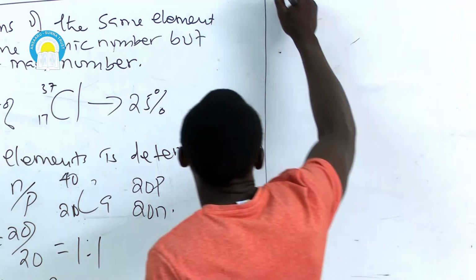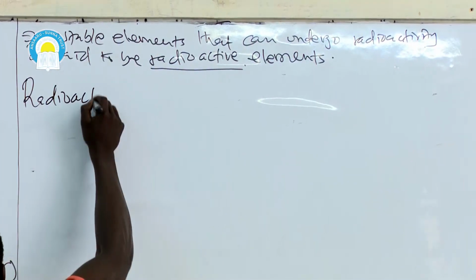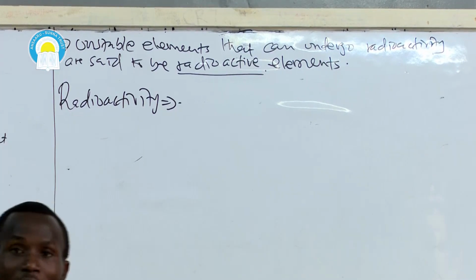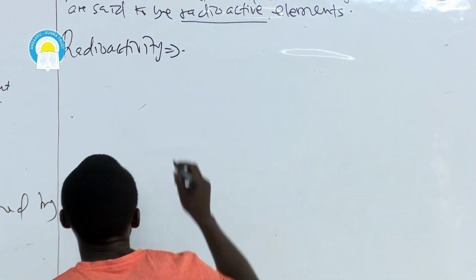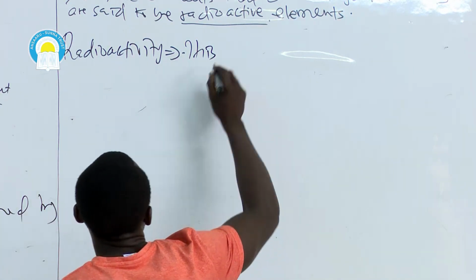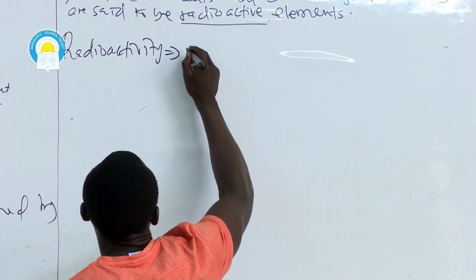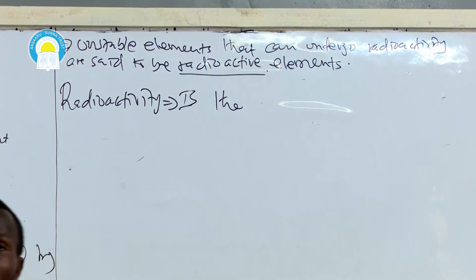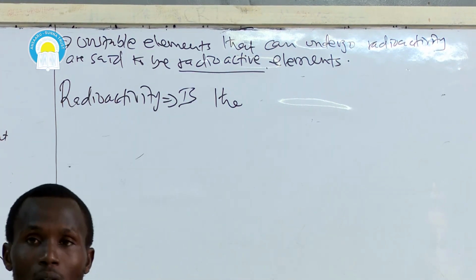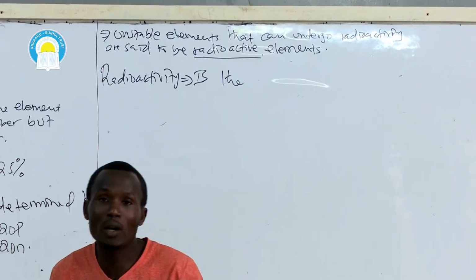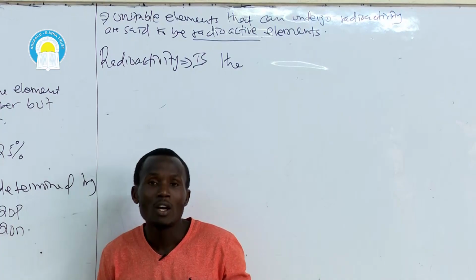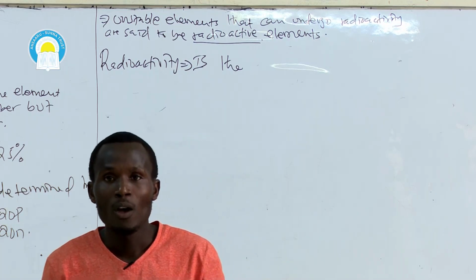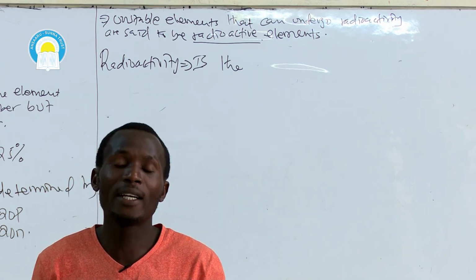Now, what is radioactivity? We say that radioactivity is the spontaneous disintegration of unstable nuclides to form new nuclides with different composition, with an emission of particles and energy.